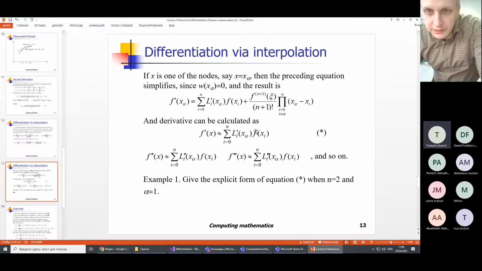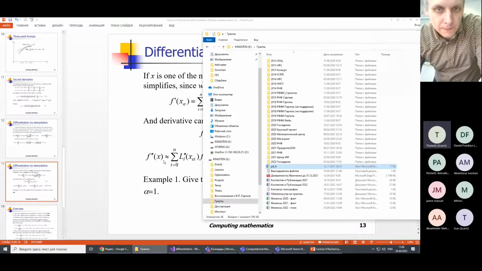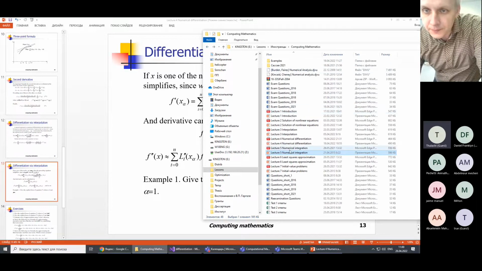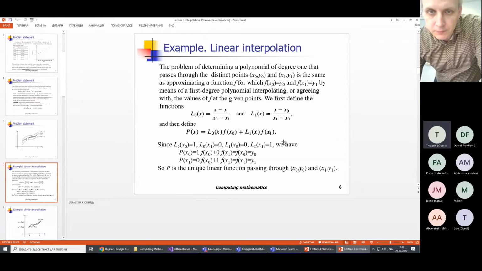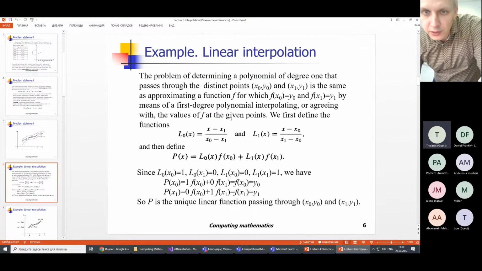And let's consider this simple case for the linear polynomial.